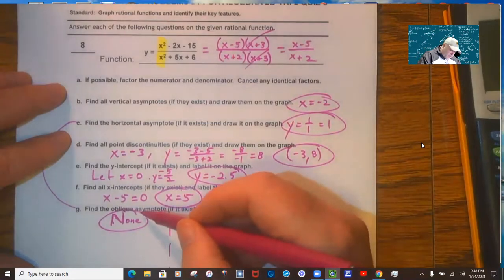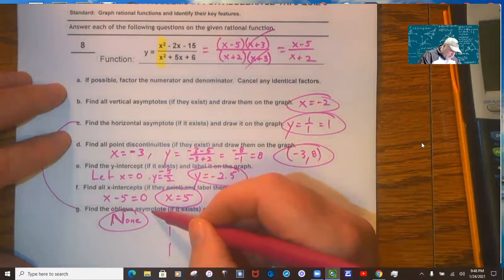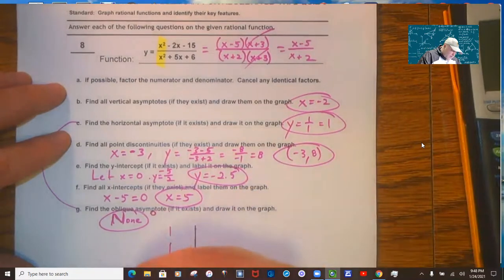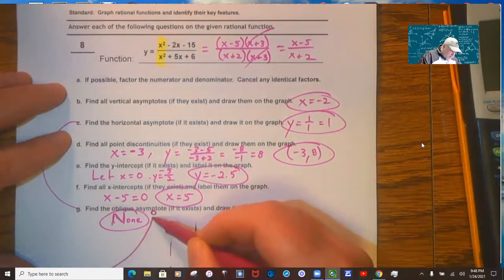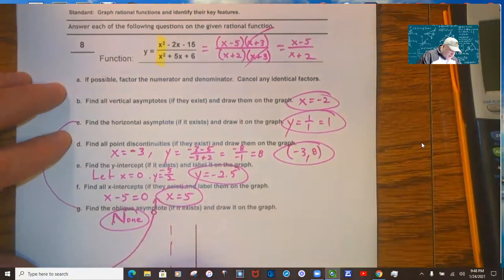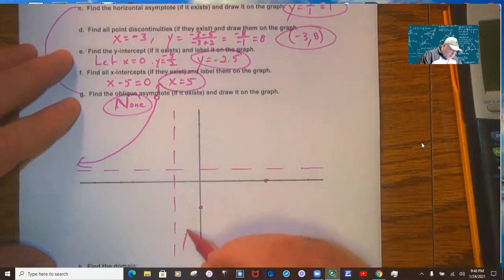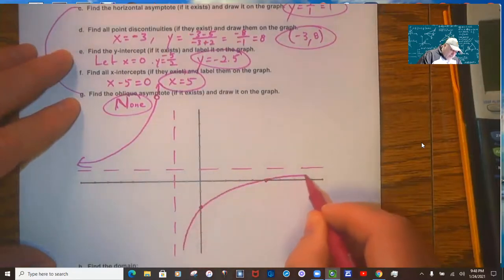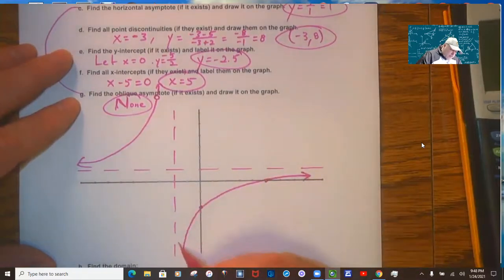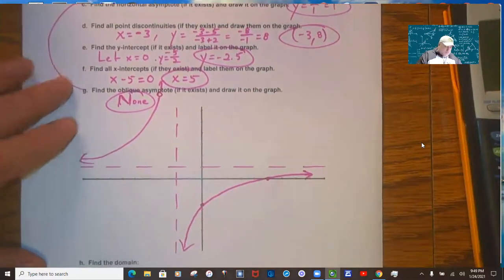So it's like way up here, way up here. And so the graph will be something like that. And then the lower piece of this will be like that.